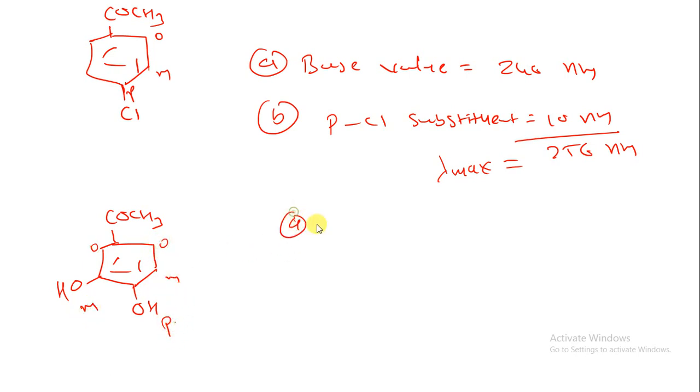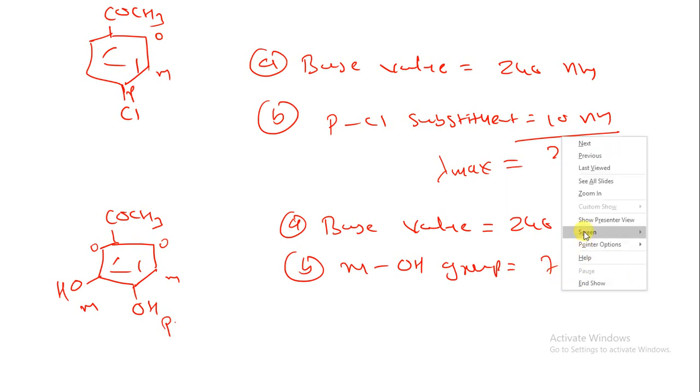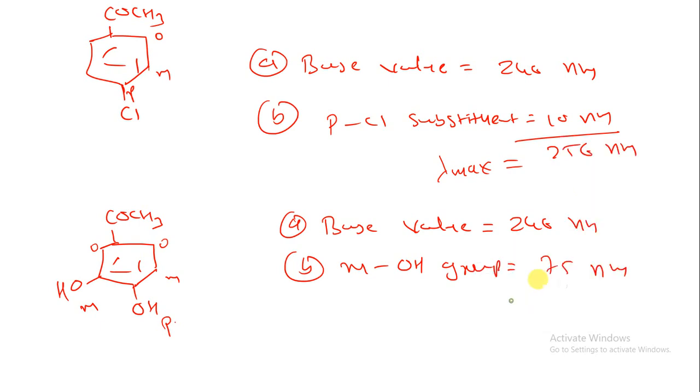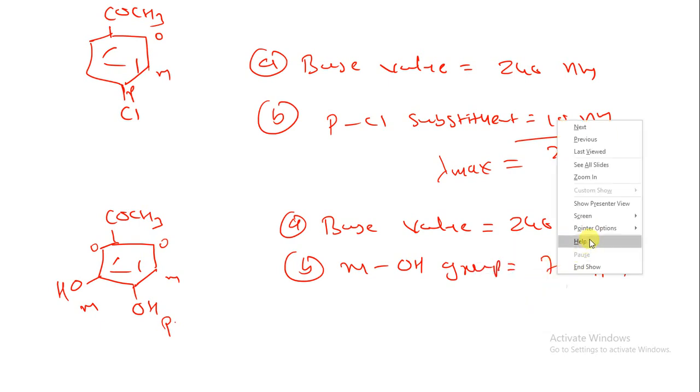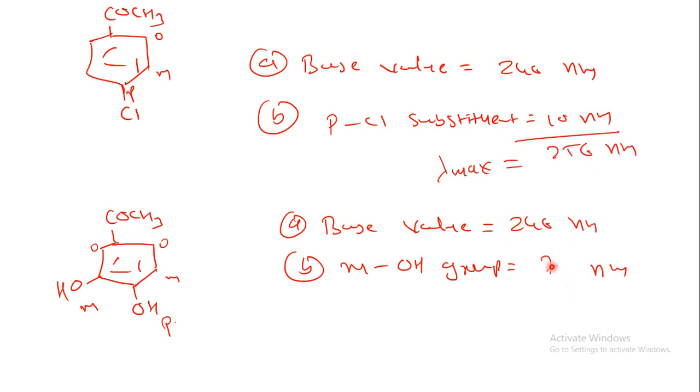So what I have to add, first of all, let us consider the base value over here. So this is my base value, 246 nanometer. Now the second one is the meta hydroxyl group. I have to add 7 nanometer for the meta hydroxyl group. The next one is the para hydroxyl group.